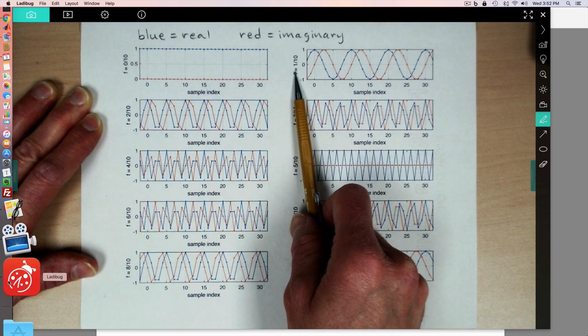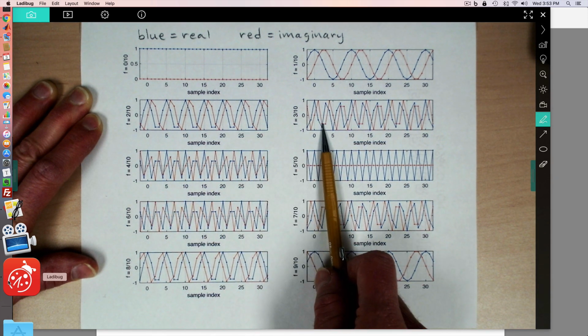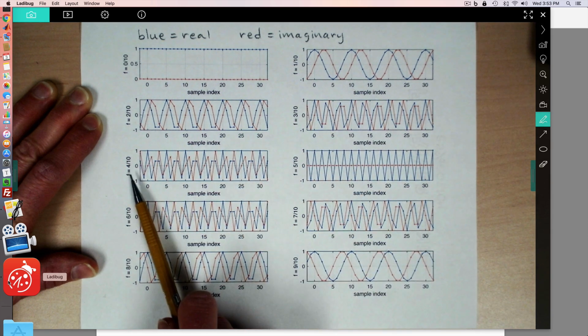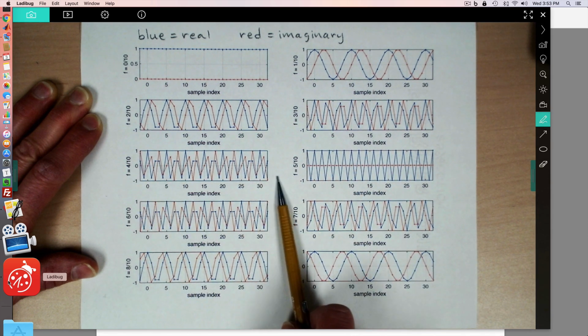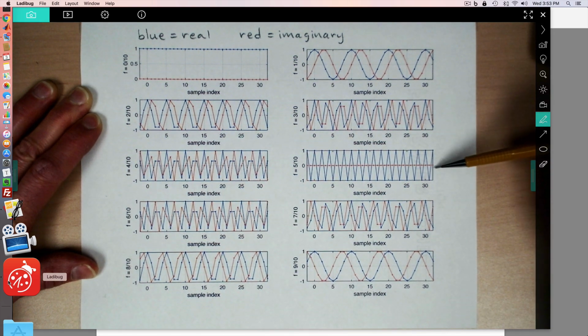Now I'm going to go from 1/10 to 2/10. You can see that the rate of oscillation has increased. Now I'll go to 3/10. The oscillations are getting faster and faster. 4/10, 5/10. That's 1/2. Notice what happens when the frequency is 1/2. The imaginary part is 0, and that's just because we're sampling a continuous time sinusoid right on its zero crossings.